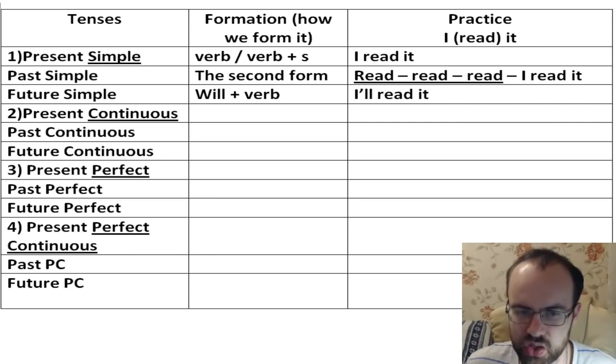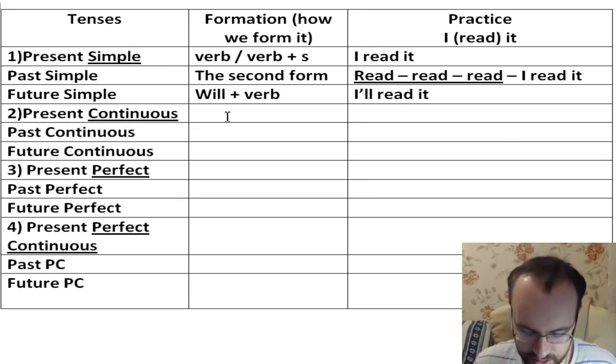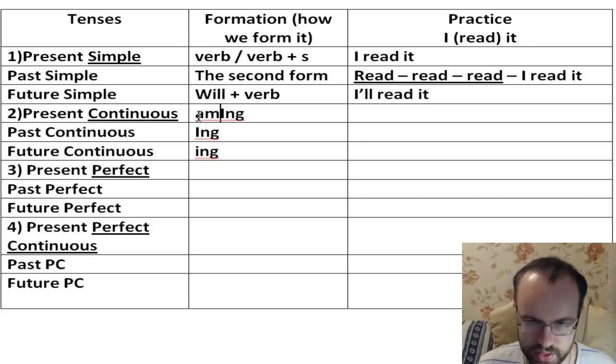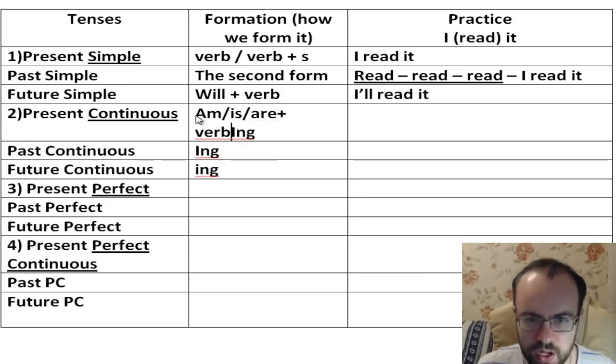Next, present continuous. When you form present continuous, you need to understand that continuous is a long action, and you need ing. You need ing in present continuous, past continuous, and future continuous. In other words, we form it this way: am, is, are, plus verb plus ing.